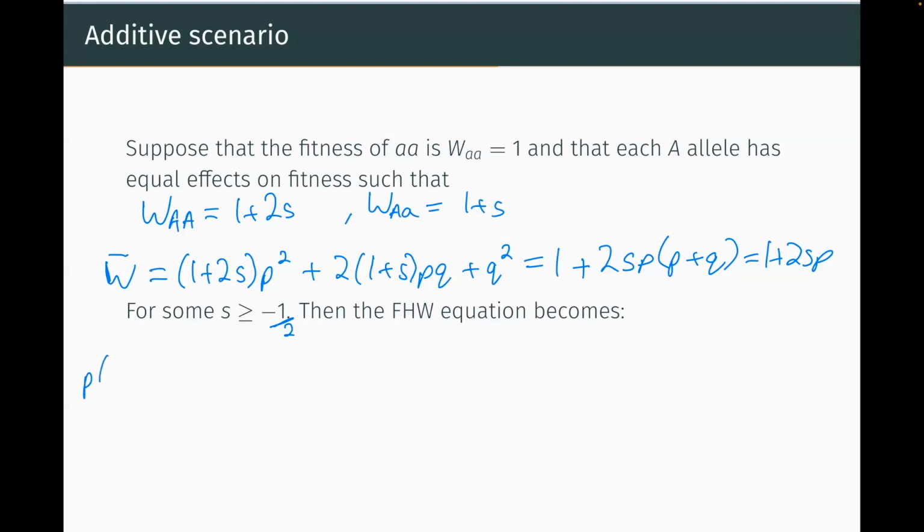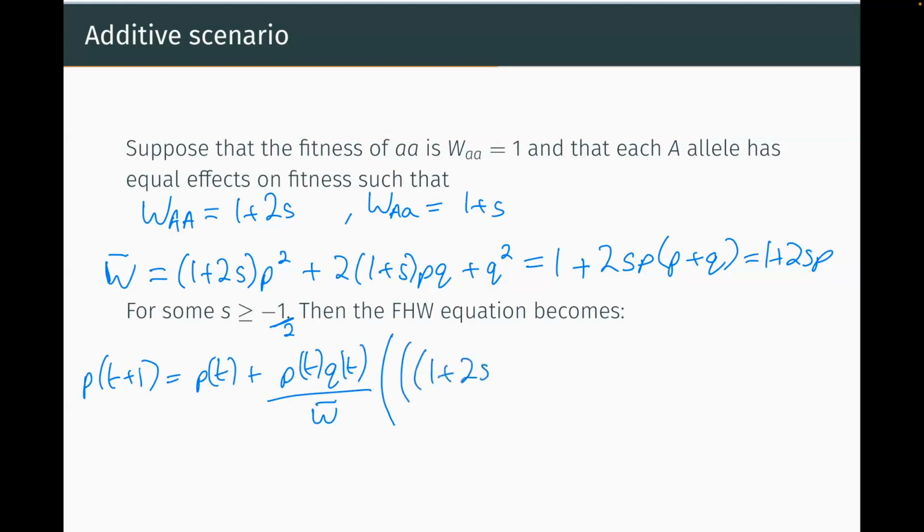Okay, so p of t plus 1 equals p of t plus p of t, q of t over our mean fitness. I've just left that in there for now, just so we can focus on what goes on in this big bracket here. A little bit more complicated than before. This is because we're going to have 1 plus 2s minus brackets 1 plus s.